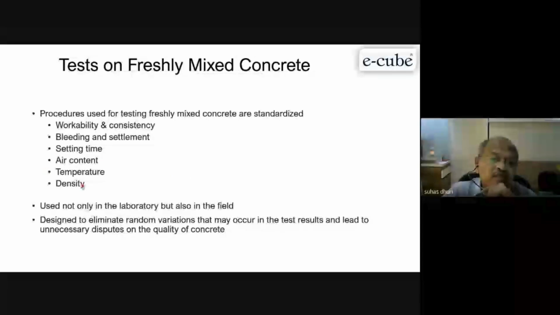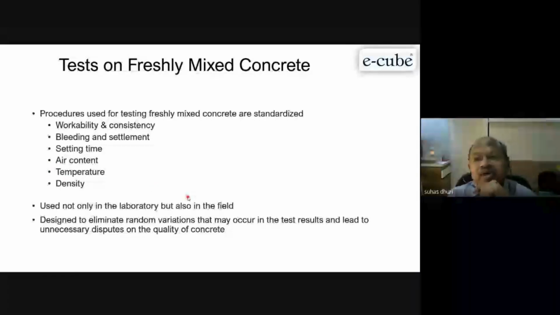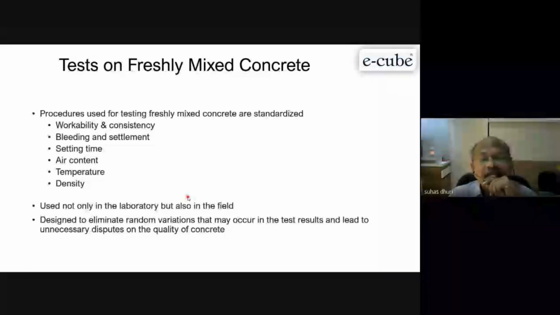Then temperature. Temperature of concrete is also very, very important, because right now in Mumbai you see a lot of high-rise buildings coming up. The height of the building is more than 150, 180, 200 meters. The depth of the raft is 2 meters to 2.5 to 3 meters, sometimes 4 meters.